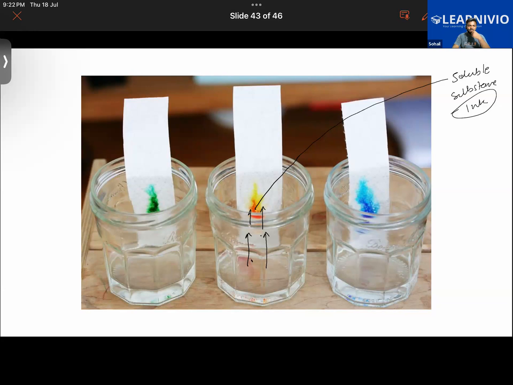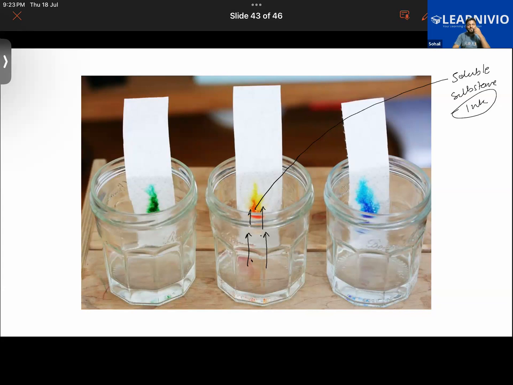This paper chromatography can also be used to determine the nutritional value of a food item. Sir, sometimes people also check their breath with it. No, that's a different thing, a different tool.